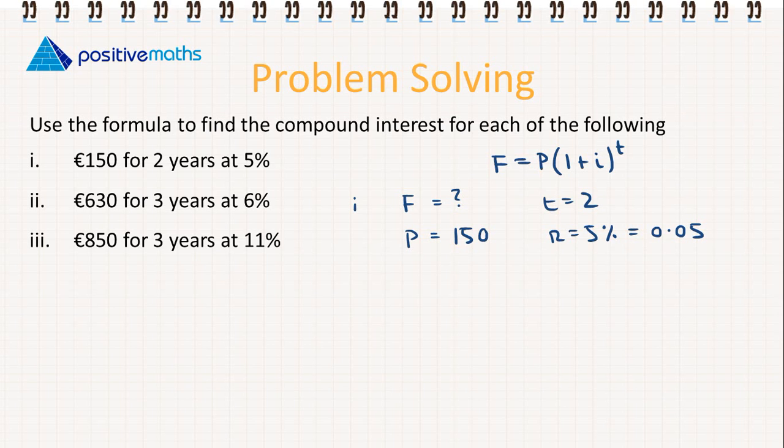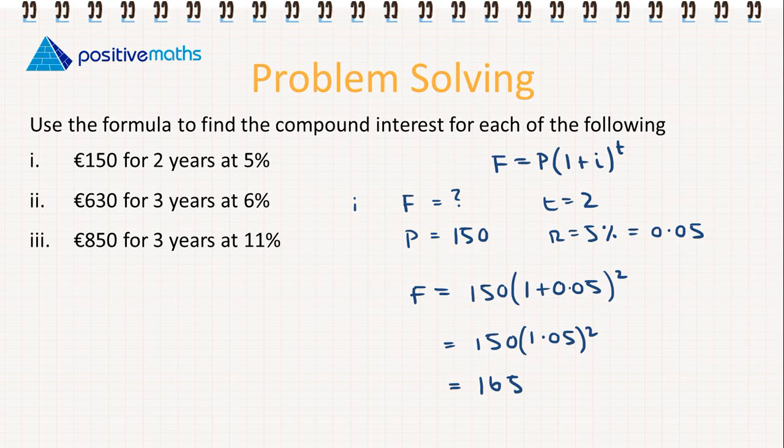Okay, so now we fill in. Our F, our final amount, is going to be 150 multiplied by 1 plus 0.05 to the power of 2. So that's 150 multiplied by 1.05 to the power of 2.